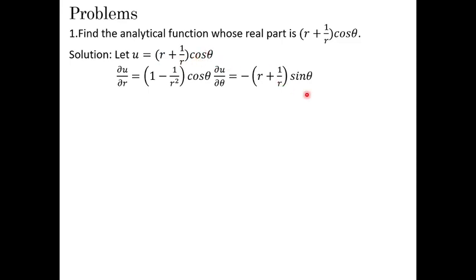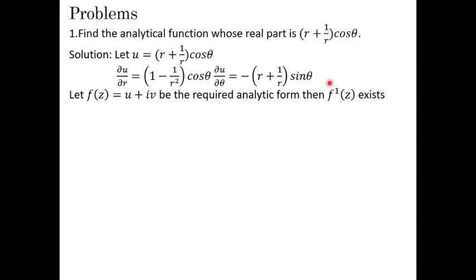Differentiation of cos theta is minus sin theta. And f of z is analytic means f dash z exists. F dash z means differentiation. What is the formula for differentiation? E power minus I theta into dou u by dou r plus I into dou v by dou r. Here the given is the real part.